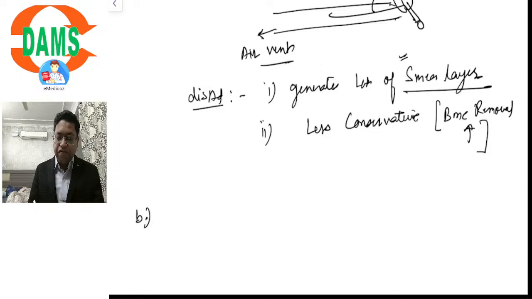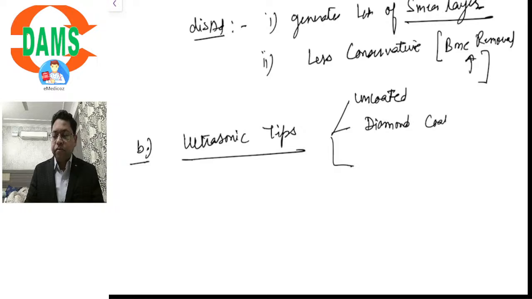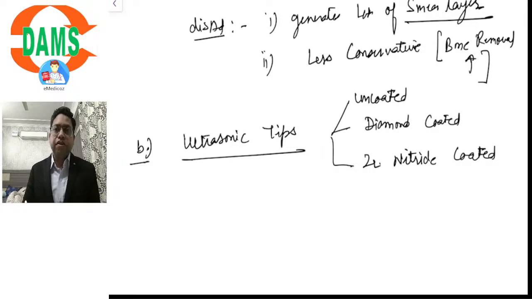The second method of preparing the root end cavity is ultrasonic tips. We use ultrasonic tips. These ultrasonic tips can be uncoated, diamond coated, or zirconium nitride coated.